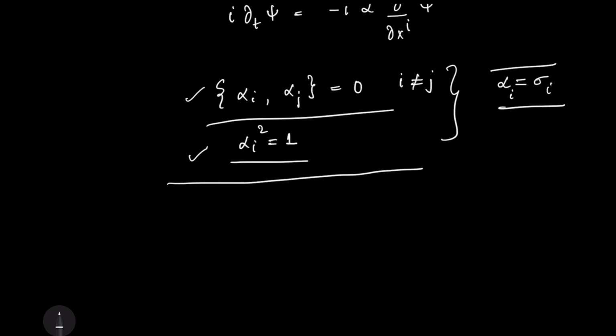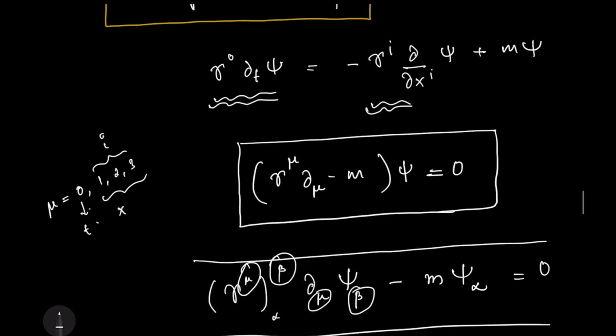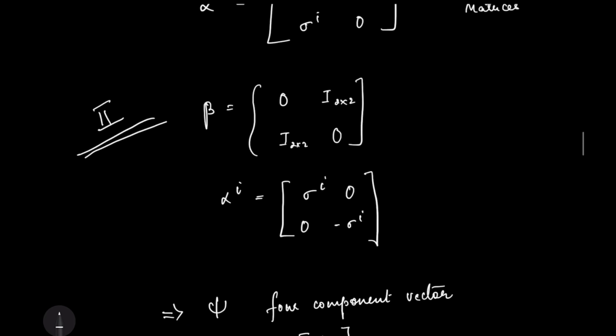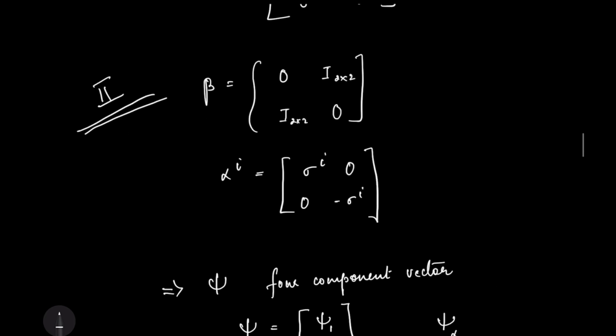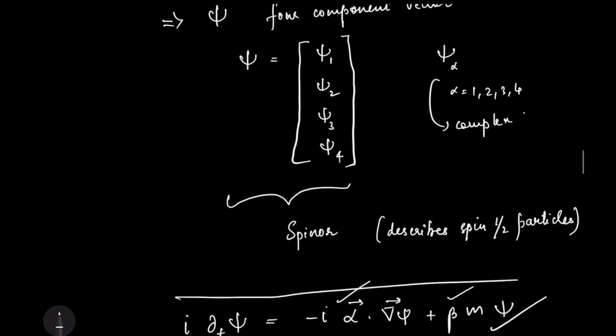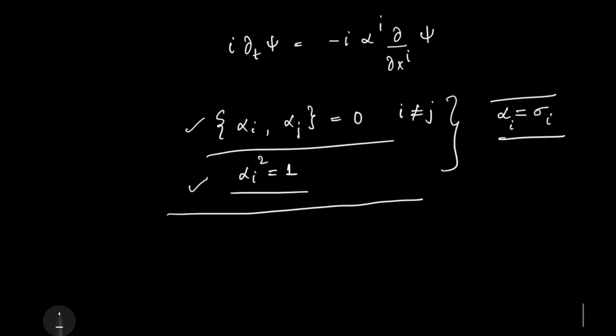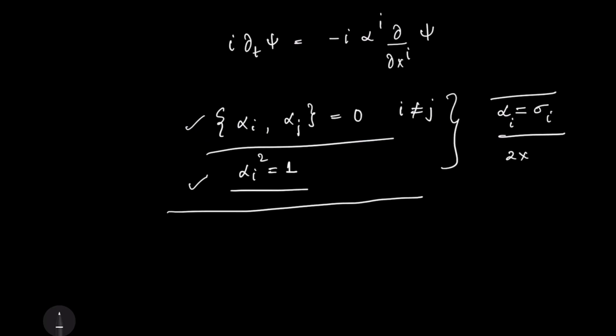A massive particle needs 4 components, right? So we have seen the 4 cross 4 matrix. So the massive particle needs a 4 cross 4 matrix, and the corresponding psi is a 4 component vector: psi 1, psi 2, psi 3, psi 4. But in the case of a massless particle, it can be described by a sigma matrix, which is 2 cross 2.